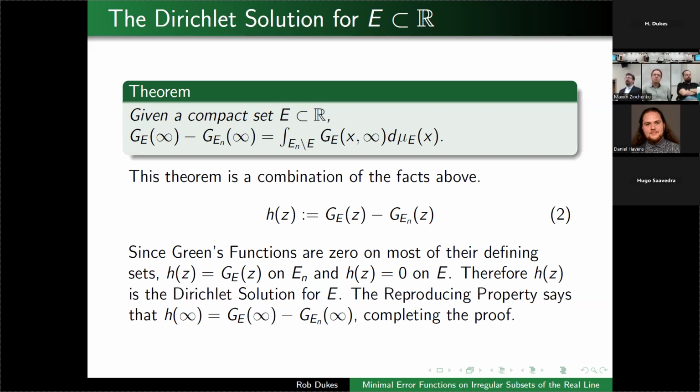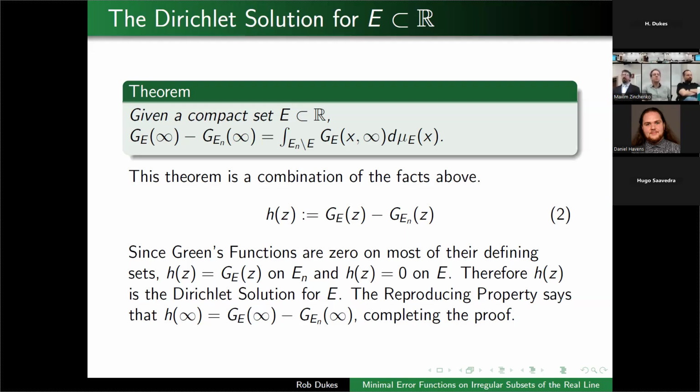Well, this thing is going to have to be 0 on E, or most of E anyway, and it's going to be G of E on En. That is, when we're on En, the Green's function for En vanishes, so we're left with just the Green's function for E. When we're on E itself, they both vanish, so it's 0, with the exception of some scattered points that we'll talk about a little later.